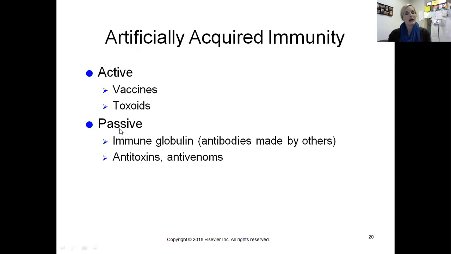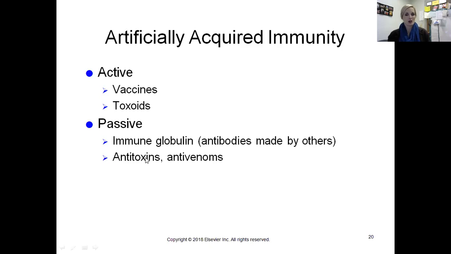Whereas artificial passive is, again, we are passed on the antibodies. We don't create the antibodies on our own, but we are artificially given antibodies that are made by others. So immunoglobulin, meaning that they're just antibodies that are made by others. They have the immunity to it, so it's passed on to us through some type of injection.